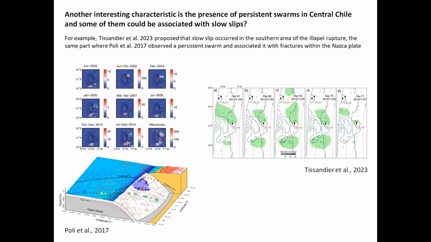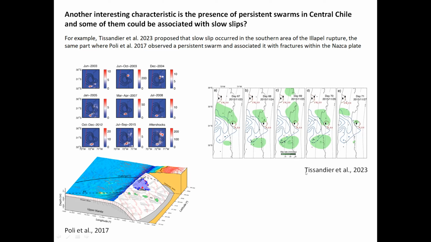For example, we looked for the swarms that occur in the boundaries of the Illapel earthquake, and we have this heat map with the number of events in different periods of time from 2003 until the Illapel earthquake occurred. For example, here, in front of Los Vilos, I named it the Los Vilos swarm, but I don't know if other people named it similarly, but these are very small events that occur very recurrently, very persistently.